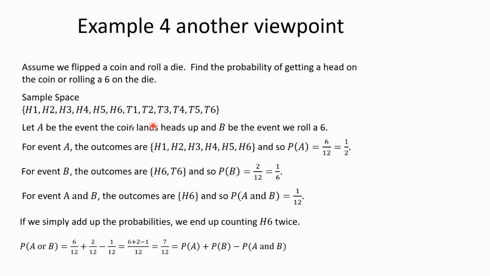These are the only outcomes in our sample space where the coin lands heads up. So the probability of A, counting the outcomes, is 6 out of 12, which is a half as well.